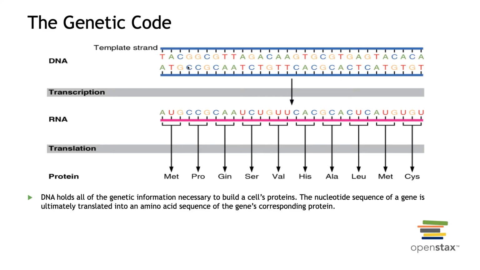So if I'm asking for DNA, you're going to see A pair with T and G pair with C. If I'm asking for RNA, you're going to see A pair with U. From there on out, that RNA strand is going to be translated and code for a particular protein or amino acid.